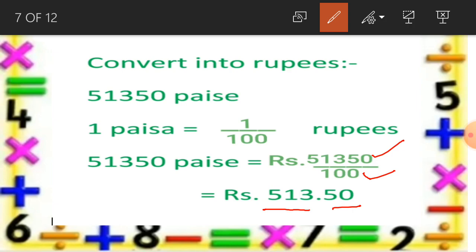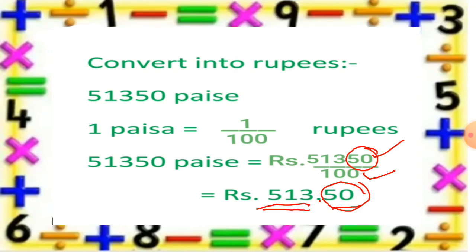We will put the point before 2 digits that are 50. After the point, we will write the paisa, and before the point, there will be the rupees. So here, rupees 513.50.